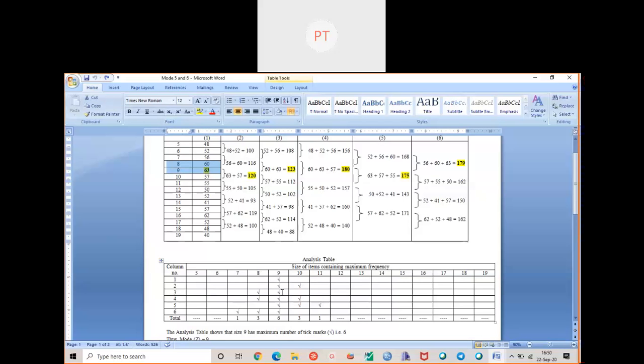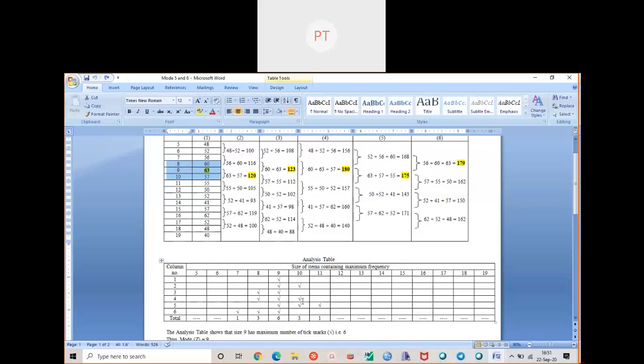And in the fourth column we have the maximum frequency, which is 180, for 60, 63 and 57. These belong to 8, 9 and 10. So in column number 4 we will do the tick for 8, 9 and 10.